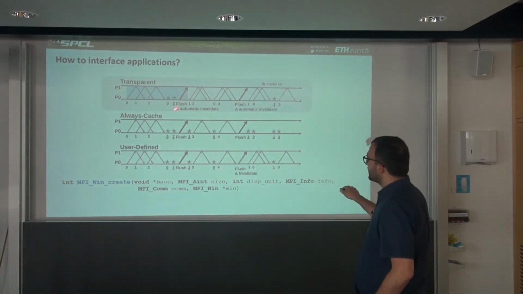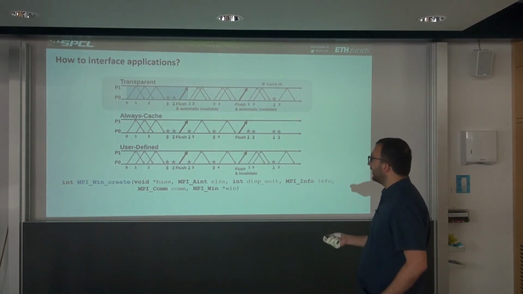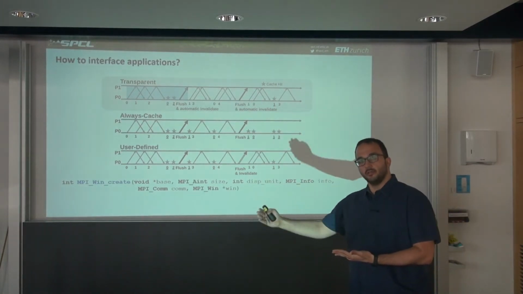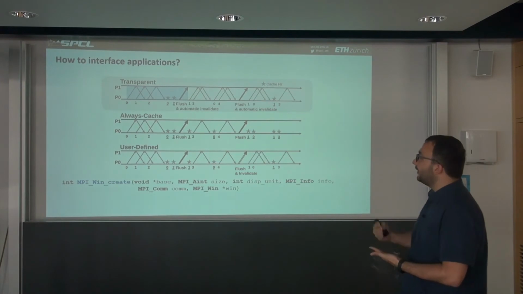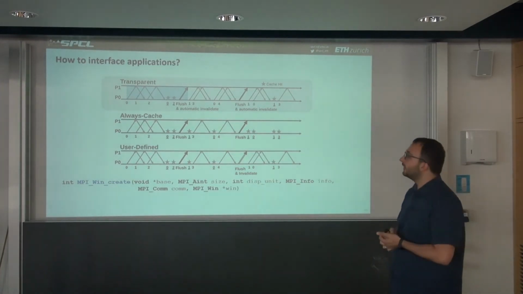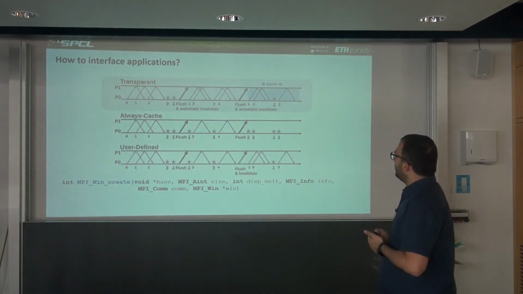And with this bold arrow here, we close the epoch, and hence we invalidate the cache, because at that point some writes can land on the remote memory window, and hence we need to invalidate our cache in order to get the up-to-date data. Then we can have different epochs.